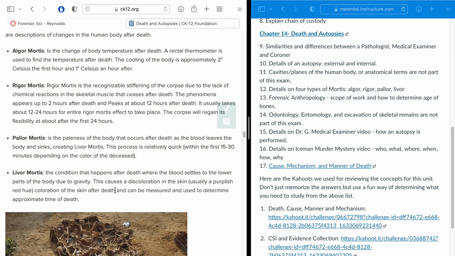Even if they died on their back and they have the red coloration from the blood pooling on their back, and you flip them over, it's not like all the blood is going to then go down to the new lower part of gravity. It will still stay as a bruising on the original spot where they had the pooling of the blood.